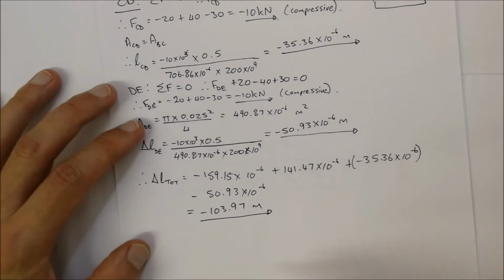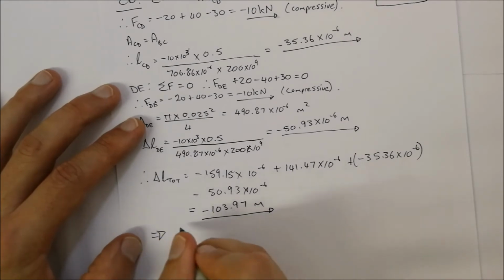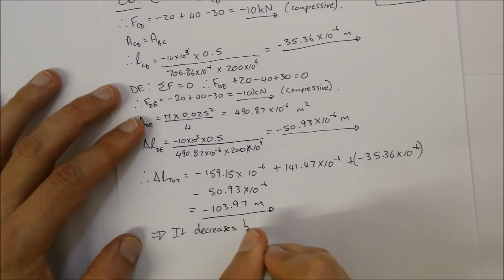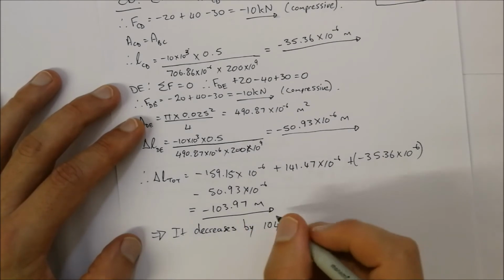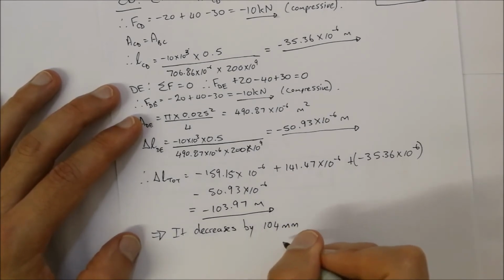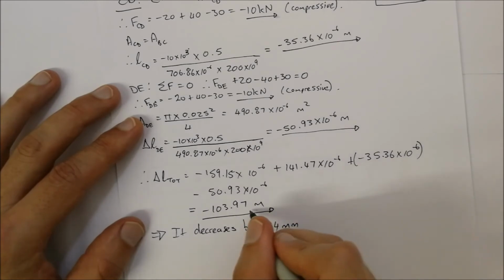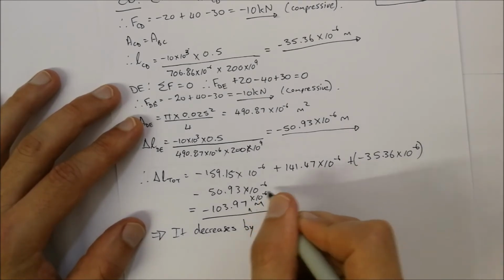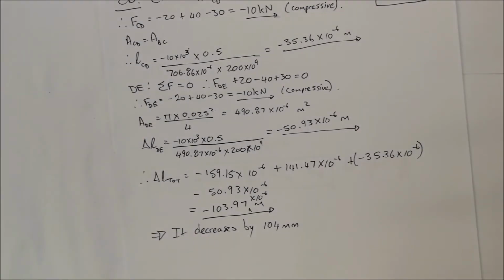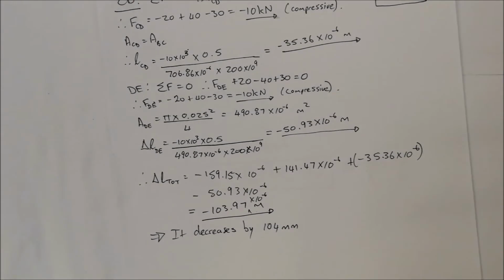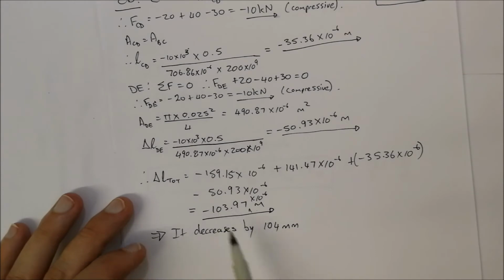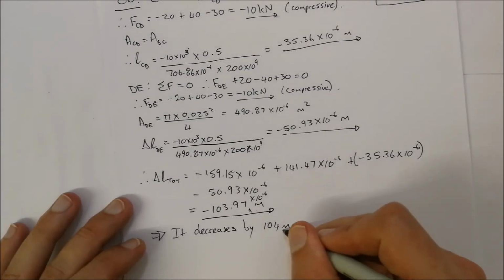So essentially we can say that it decreases by 104 millimeters. Keep in mind this is times 10 to the minus 6. Well, correction over here, it's actually times 10 to the minus 6, so it decreases by 104 micrometers, not millimeters.